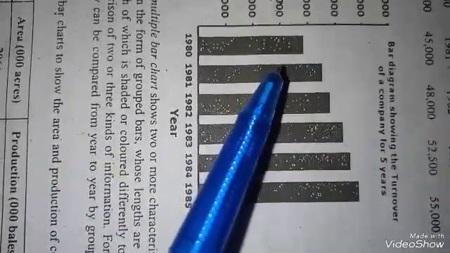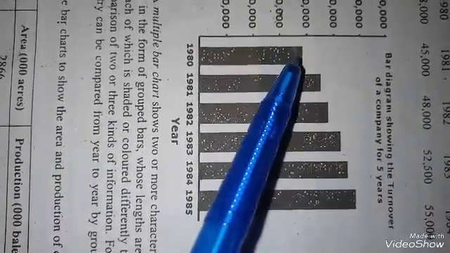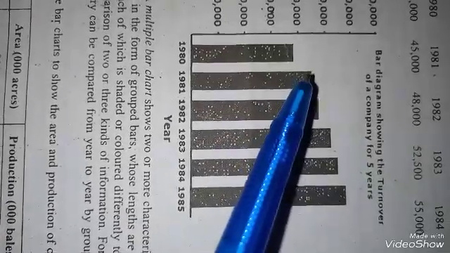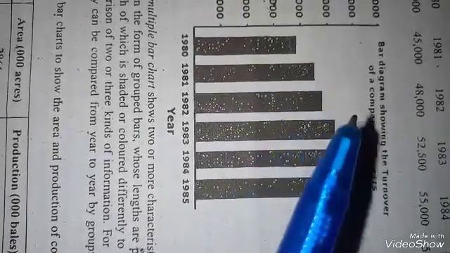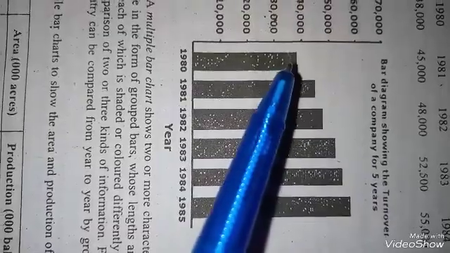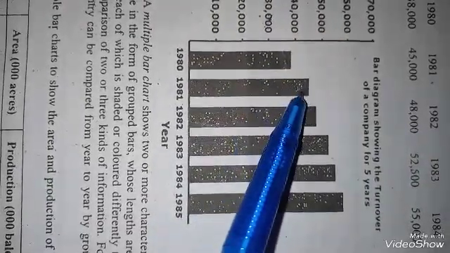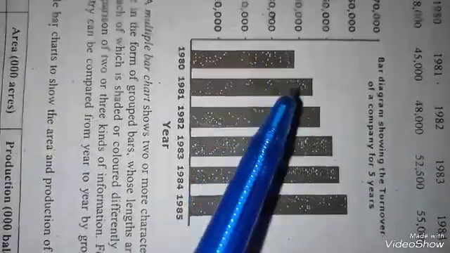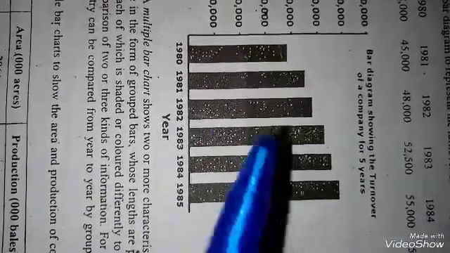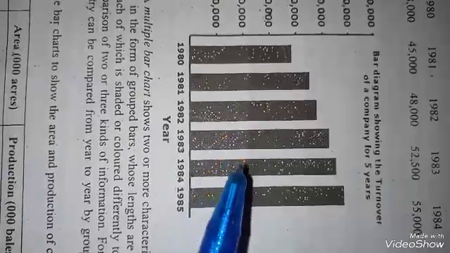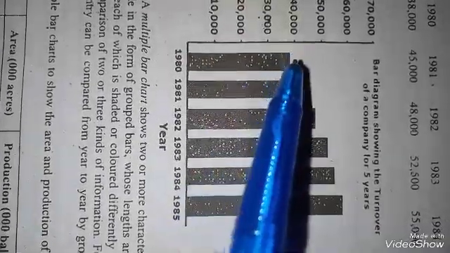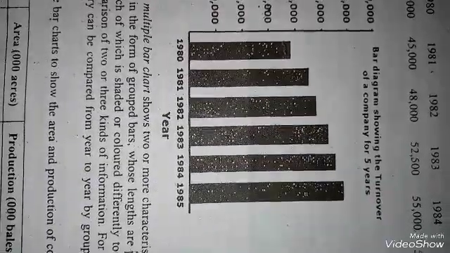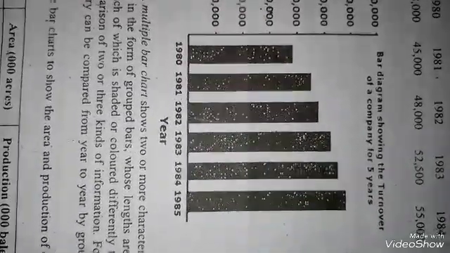It should not exceed the width of the bar, the width of this bar, and should also not be less than half of its width. You can see the space is equal to its width. This is the actual meaning of this particular point.